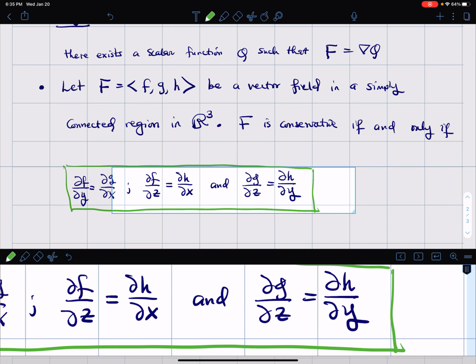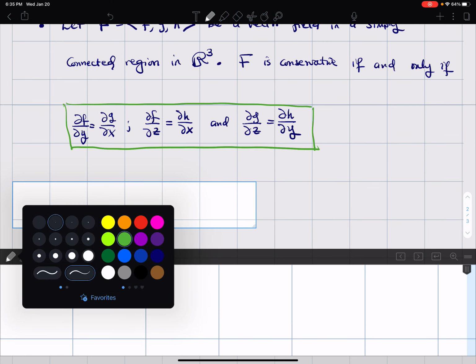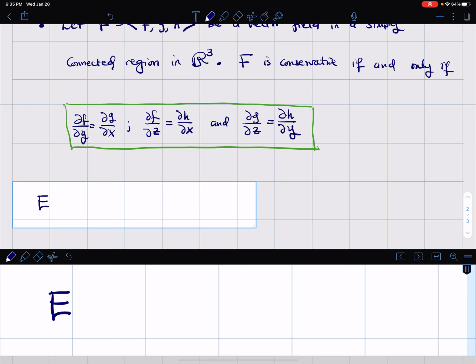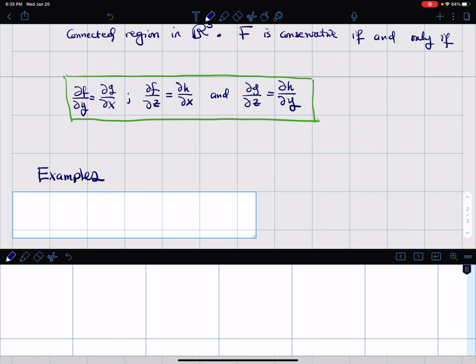So let's do some examples. We want to determine if each of these is conservative.